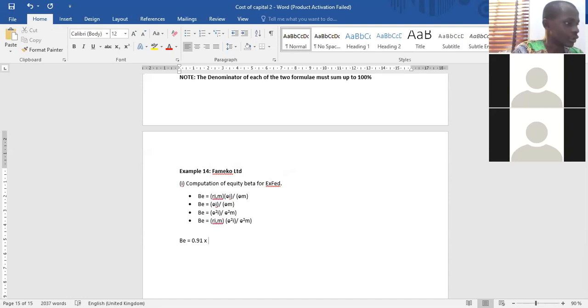The standard deviation is 0.1521. Everything here over the standard deviation of the market. The standard deviation of the market is 0.1875. That is the standard deviation of the S&P 500 index, because that is what we are using to represent our market.